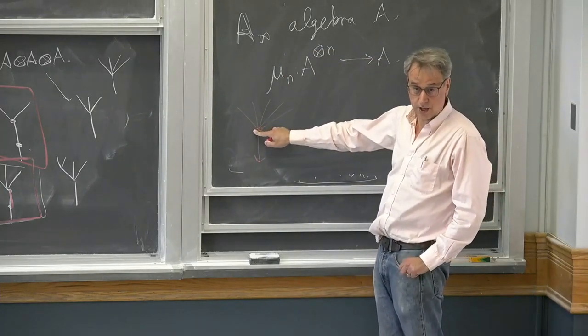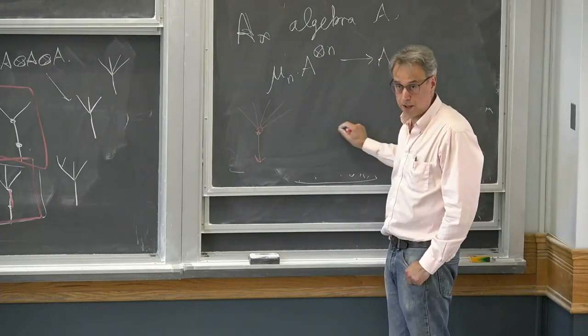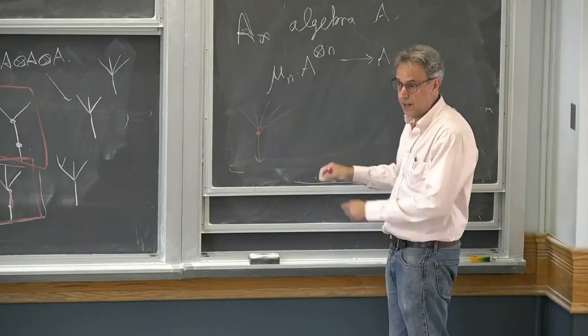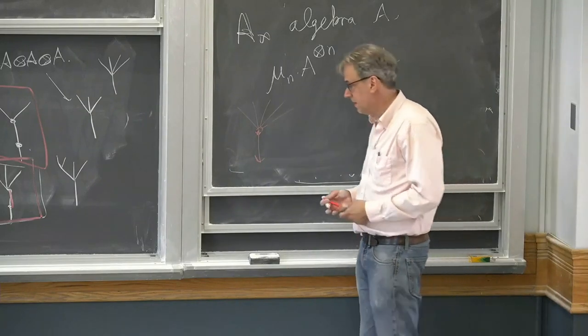So one for each tree with a single internal vertex in it. You sum all the different ways of inserting an edge in that and have that relation be 0. So that's what an A-infinity algebra is.